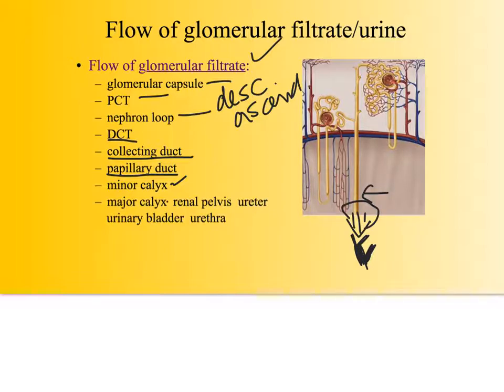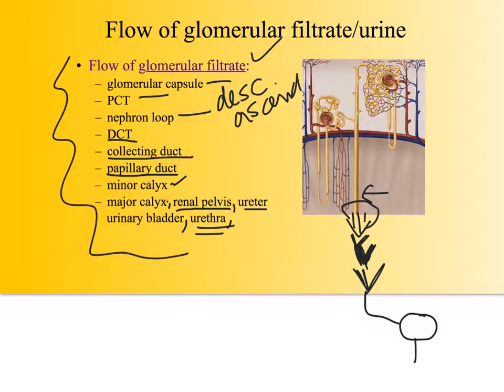I lost my arrows, and I thought I saved this different. Then we go to the renal pelvis, out the ureter to the bladder. There should be commas in there. To the bladder, and then out the urethra, and that's a bye-bye pee. So I hope you're going to know this. You're going to be one with that.